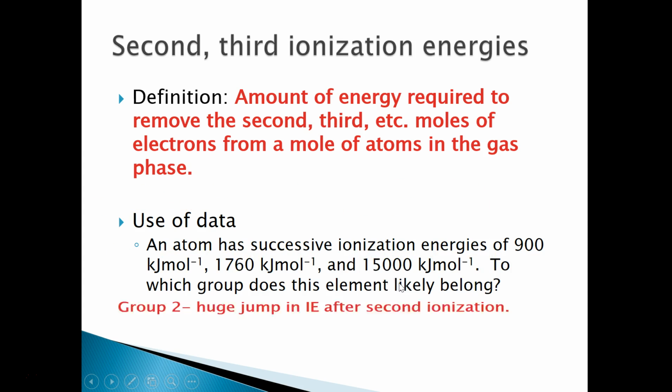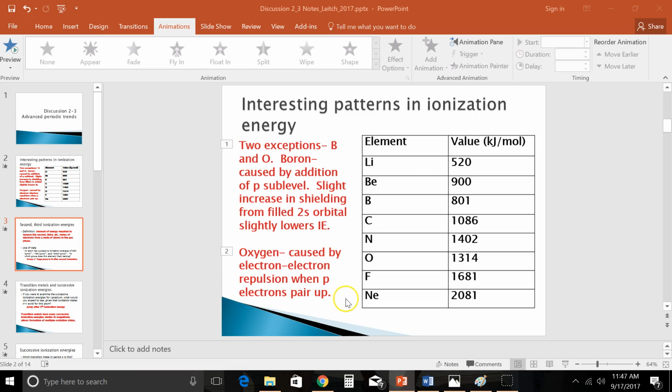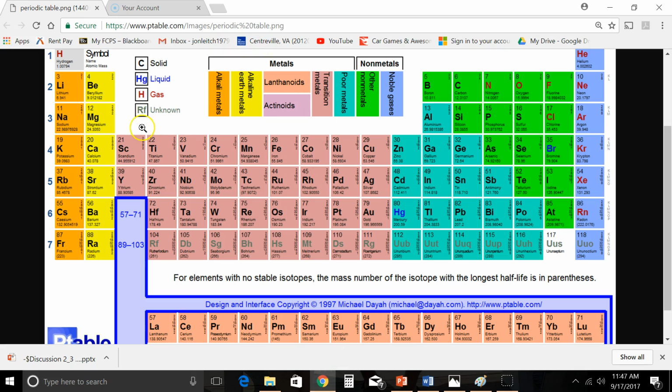That tells us that this element will belong in group 2, because we see that huge jump after the second ionization energy. If we look at the periodic table, all the elements in group 2 have 2 valence electrons. Magnesium, for instance, can lose 1 electron rather easily, and it can lose the second electron very easily.